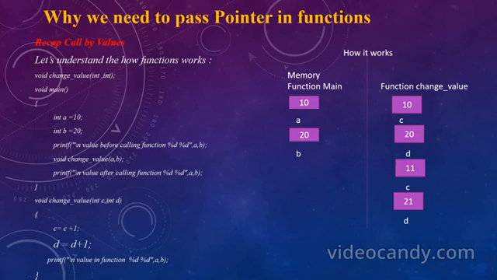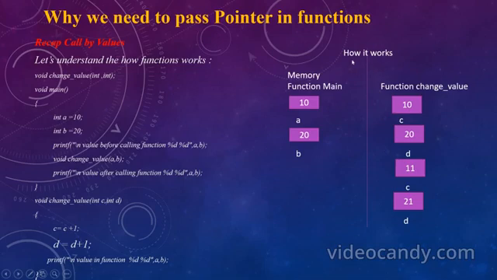What we are doing in it is storing a and b into c and d variables and incrementing them: c is c plus 1 and d is d plus 1. When I print the values in main, it will not increment them. It will only increment the values of these variables which are local to the function change value.